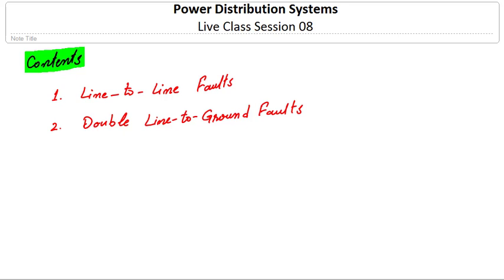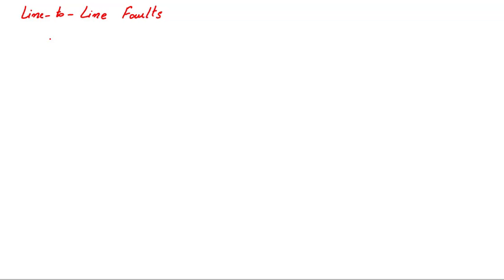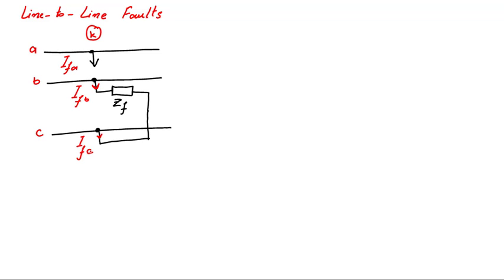Let's start with the line to line faults in our system. Line to line faults are also known as phase to phase faults, in which two phases of a three-phase system get short circuited with each other. In this diagram, a line to line fault can be seen on a three-phase system.